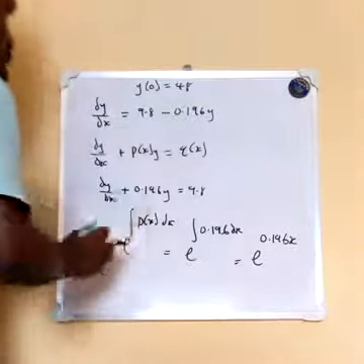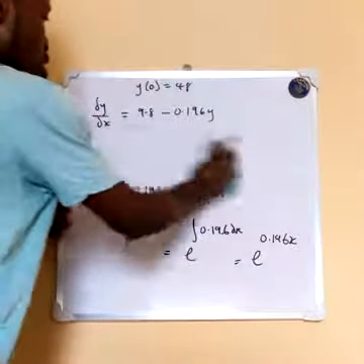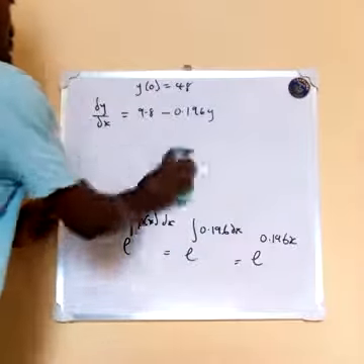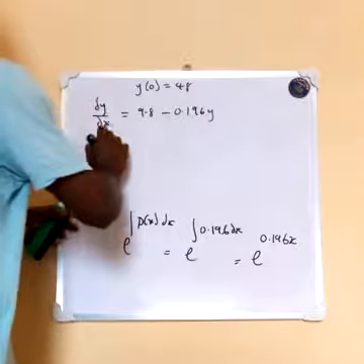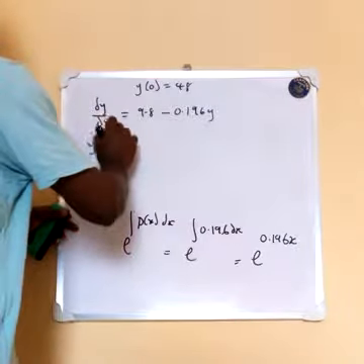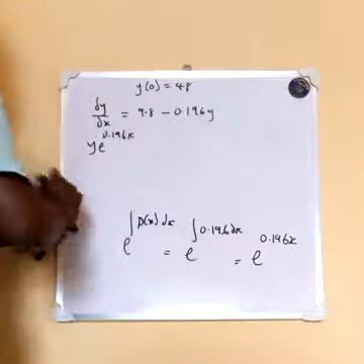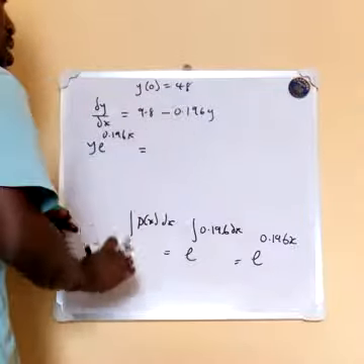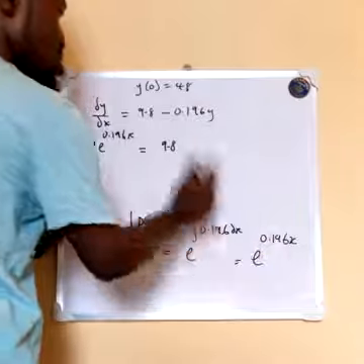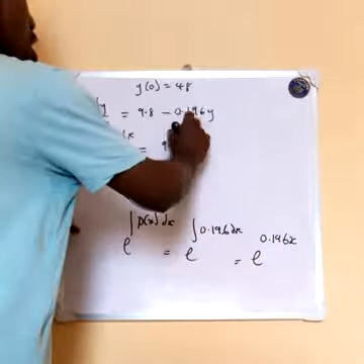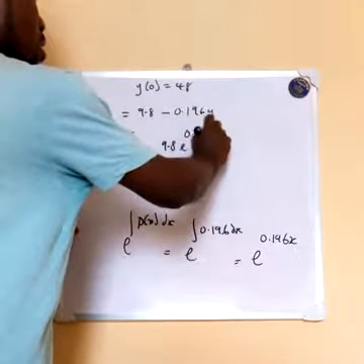So let's go from there. We have y times the integrating factor, e raised to power 0.196s, equal to q(s), which is 9.8 times the integrating factor, e raised to power 0.196s.